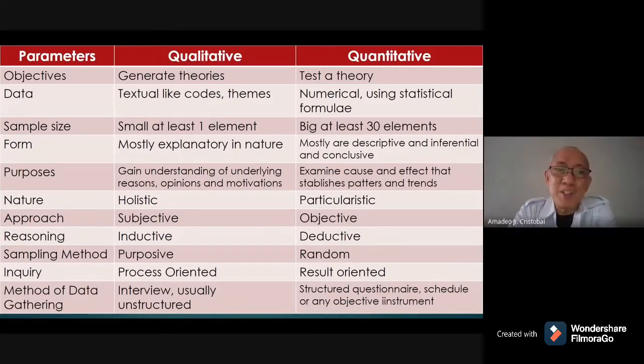Your title seems to be a qualitative research. When you do a qualitative research, its main objective is for you to generate theories. Meaning, after you have conducted your research, you can be a theorist.